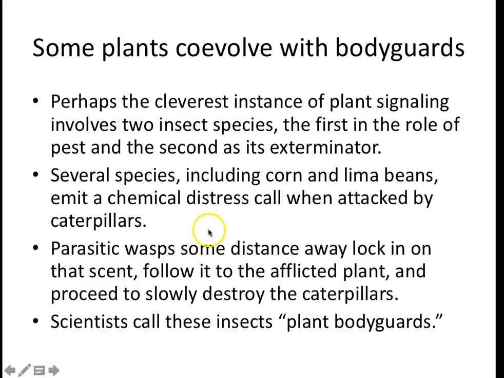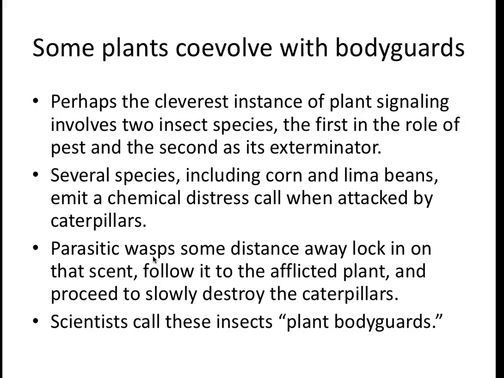A good example has to do with lima beans and corn. They are attacked very often by caterpillars, and when they are, they will emit a signal that can easily travel by the air, it's very volatile, to parasitic wasps. The wasps have very special receptors so that they can smell that.